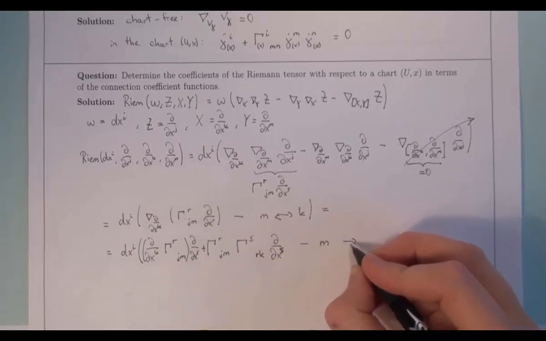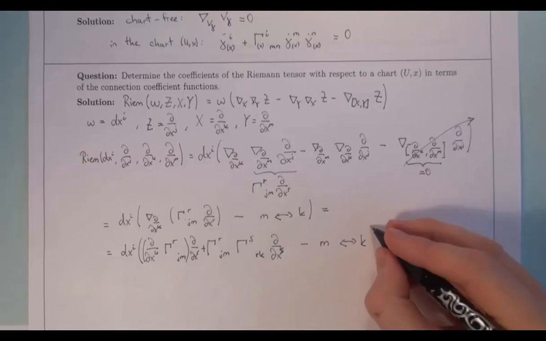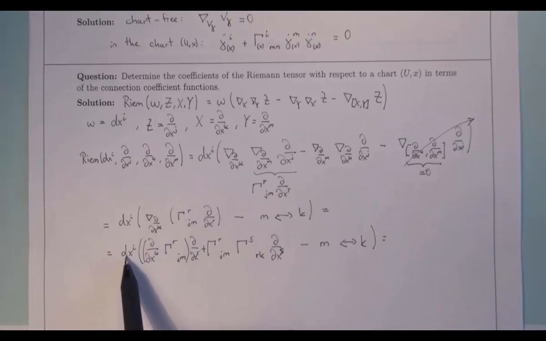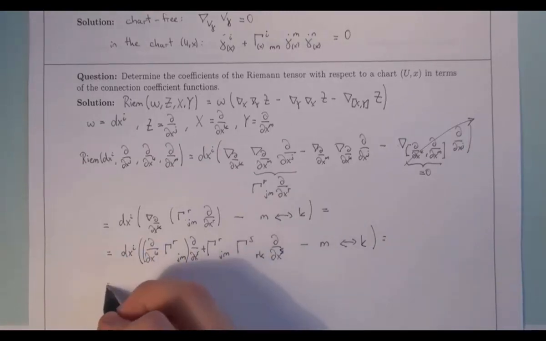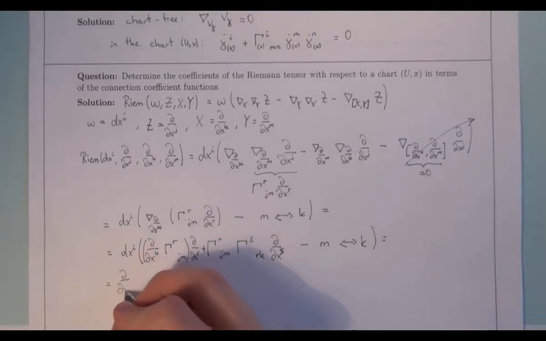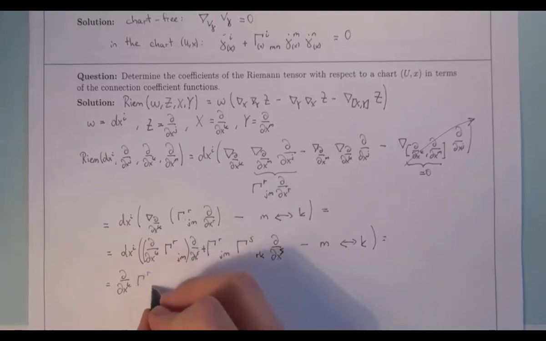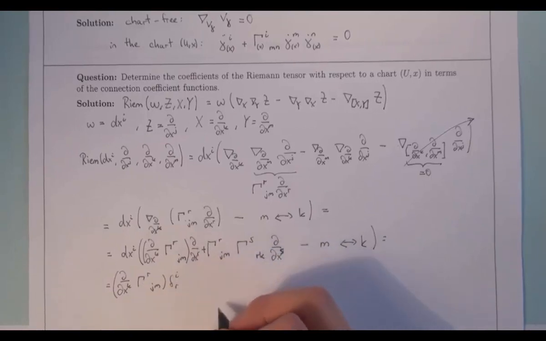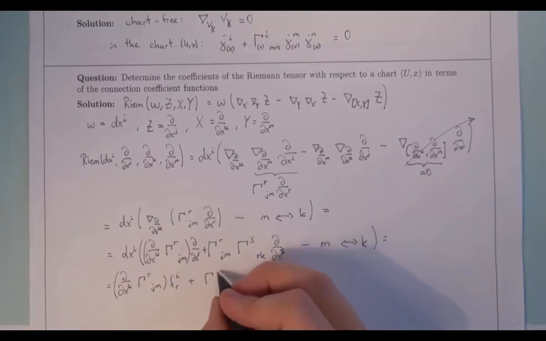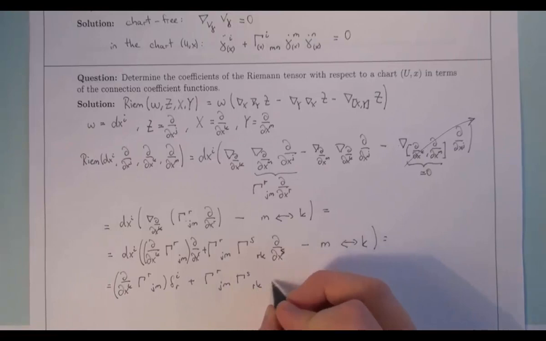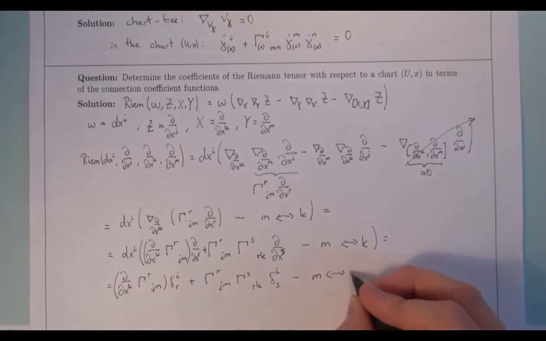We get the same terms again with the indices m and k exchanged here, and now we are able to pull in this del xi acting on these basis fields. So we get that this is del xk acting on gamma rjm, and we get a delta ir, and in the second term we get gamma rjm, gamma srk, and we get a delta is, minus the same terms exchanged with m and k.